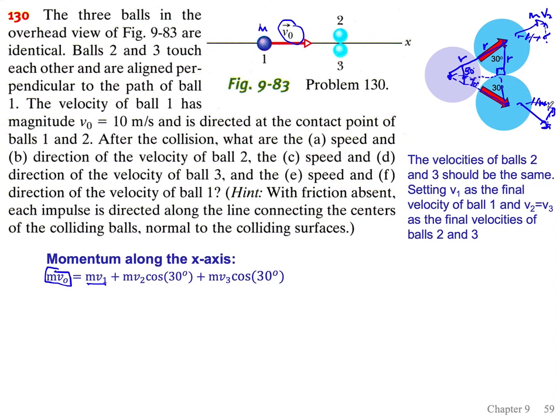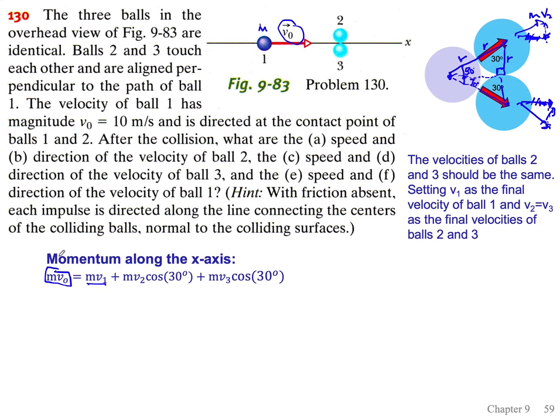I know that they can't have any vertical momentum because our initial mass had no vertical momentum. So I'm just going to look at their horizontal components. So m2 times cosine of 30, going this way, and m3 times cosine of 30, its piece right here. Its 2 horizontal momentum plus the final momentum of ball 1 have to equal the initial momentum of ball 1.